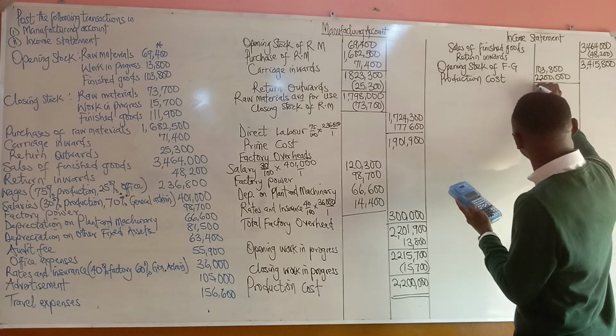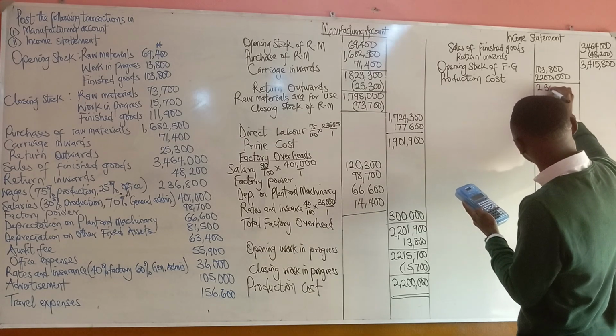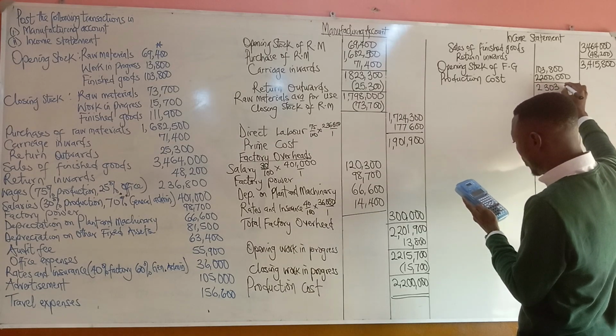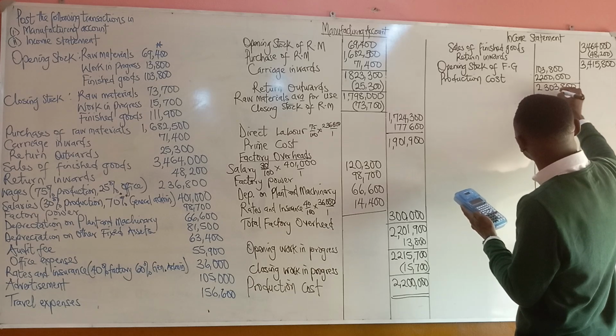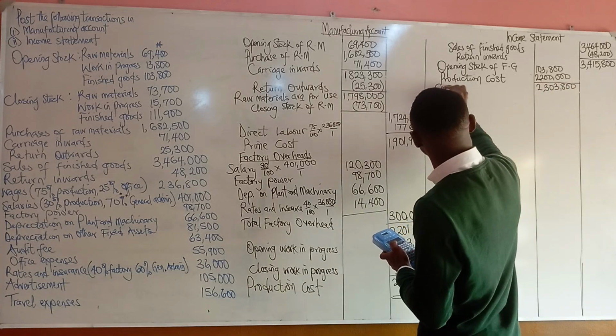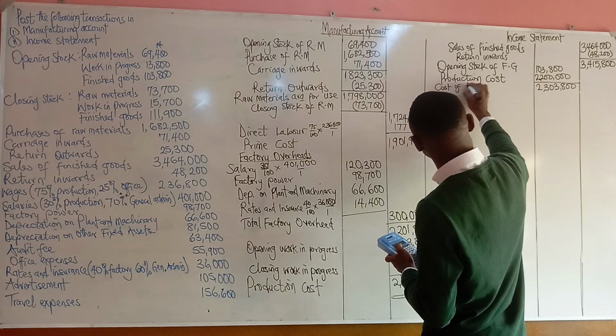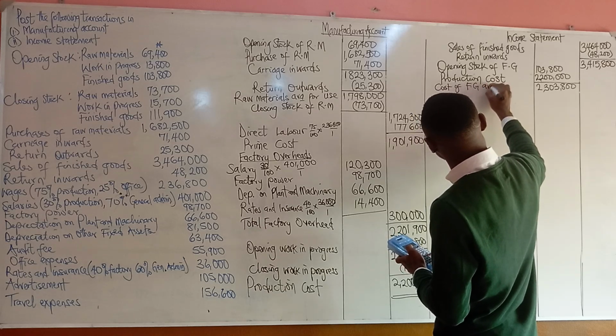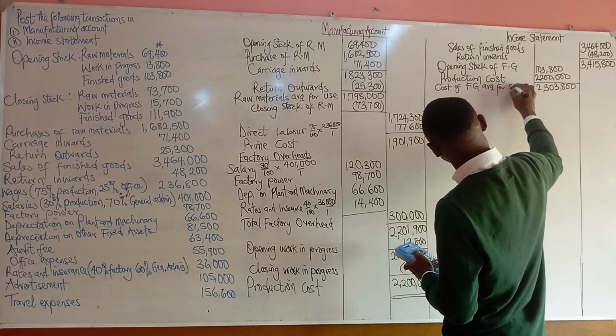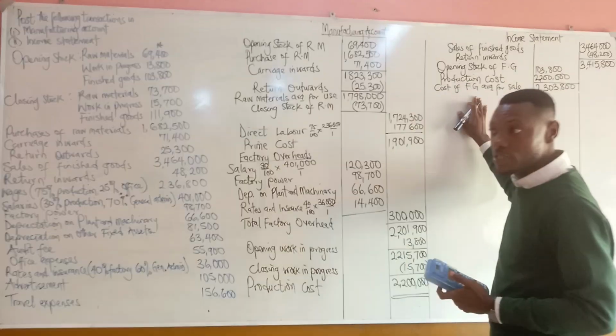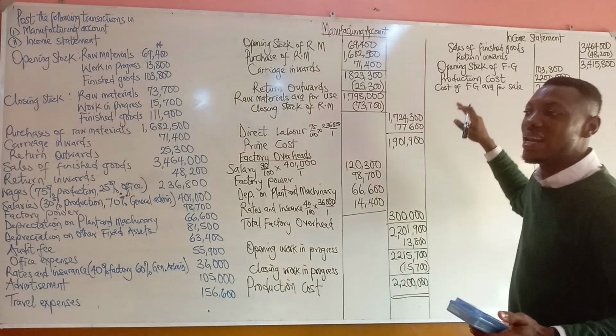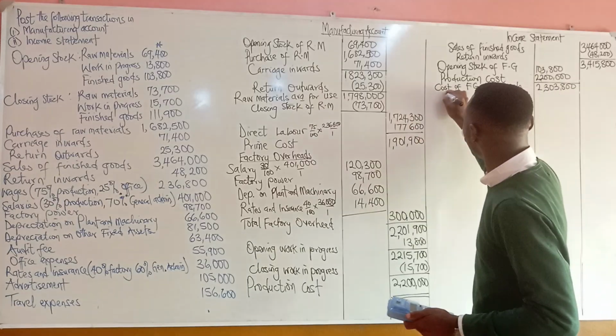That will give me 2,303,800, which is cost of finished goods available for sale. Now what do we do? We less the closing stock.